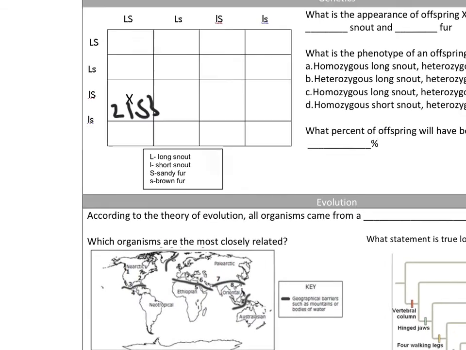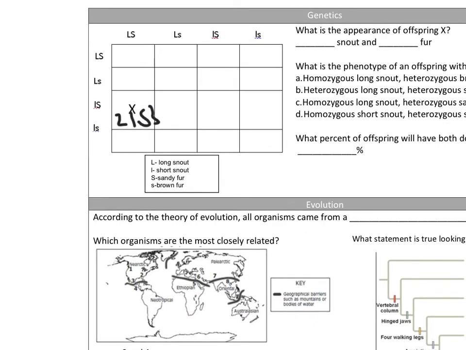All right, so what is the appearance of offspring X? I need to go down here, look at this key. So if I have a big L and a little l, who's going to win is the big one. So that is a long snout. And then I have big S, and that is going to be sandy fur.